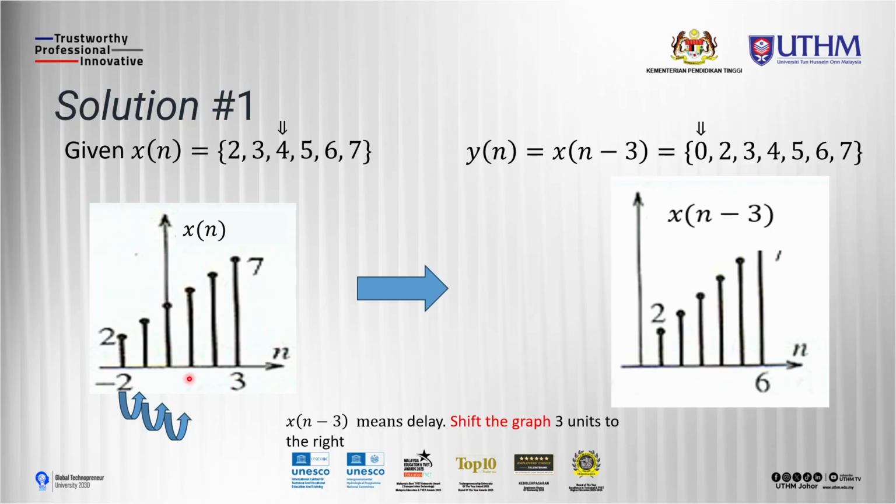So now the first value is here, at n equal to 1. If you write the numeric sequence, that will be 0, 2, 3, 4, 5, 6, 7. The origin must be included, so that we know where the origin value is.